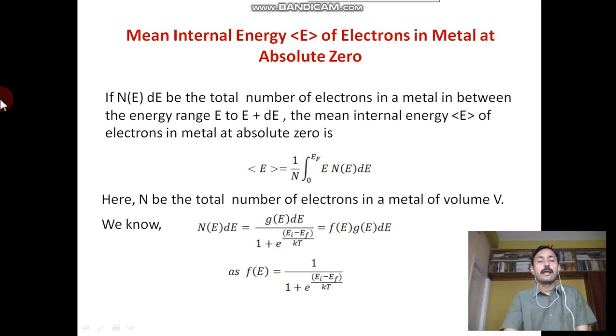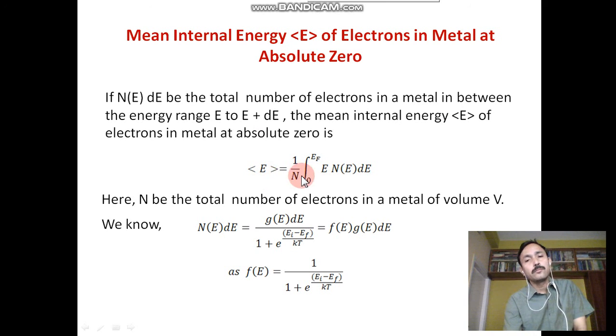If dN means the number of electrons within the energy level E and E plus dE, the mean total energy, that is E average of the electrons in a metal at absolute zero, we can represent like this.